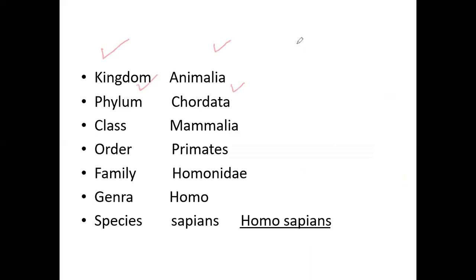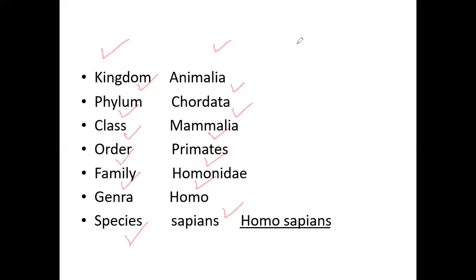Phylum Chordata is further divided into subphylum Vertebrata, and so on, but here I would like to discuss only the major ones. It is further divided into class Mammalia, order Primates, family Hominidae, genus Homo, and species sapiens.